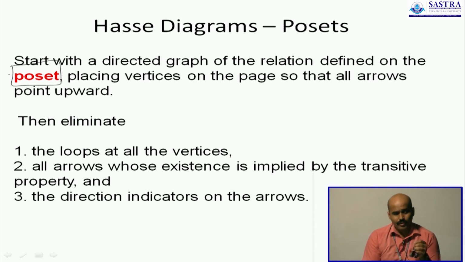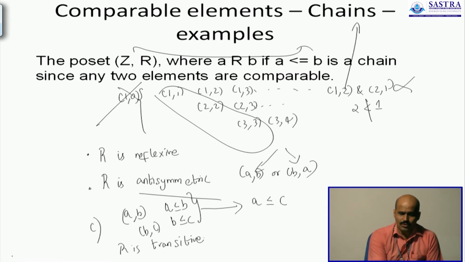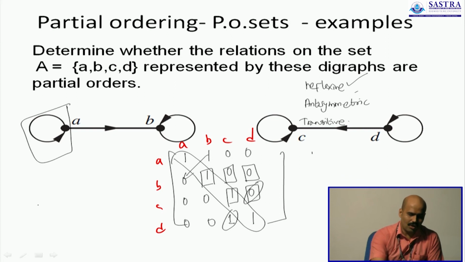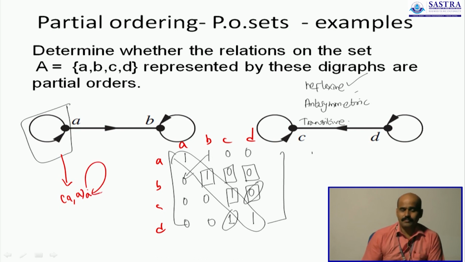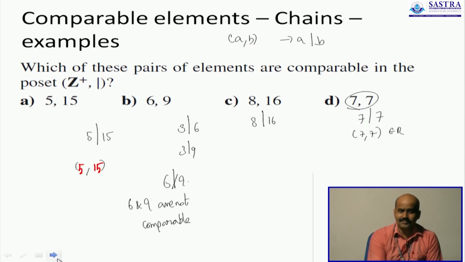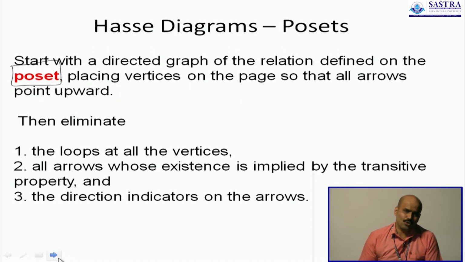For that, you will have to follow 3 rules. Number 1, you don't have to draw any loops. By loops, I mean those edges which take a vertex to itself. This is what we call a loop. It represents the ordered pair A comma A. So you draw a line from A back to A. So the first thing that you learn about Hasse diagrams is that you don't have to draw loops.